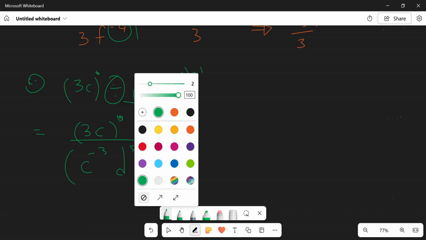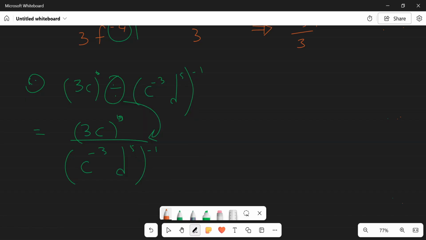Now, as we know that 3c and the whole entire bracket to the power 0 is 1, we converted this into 1. Now over here, multiply this minus 1 turn by turn inside the bracket.